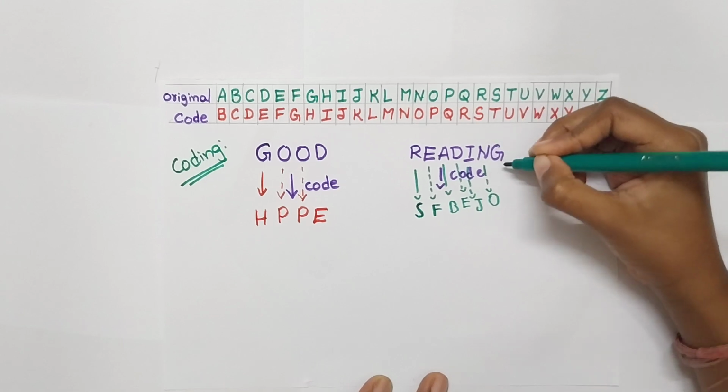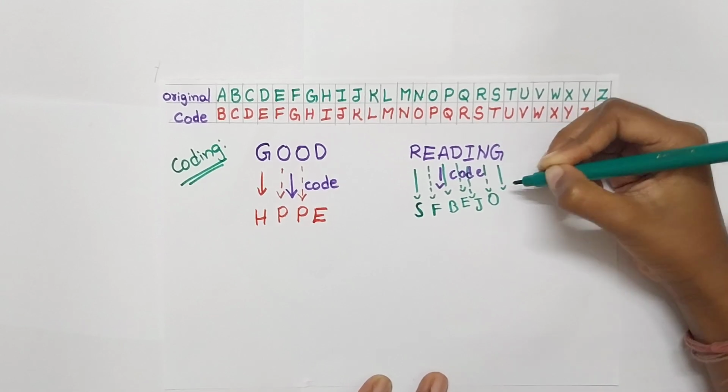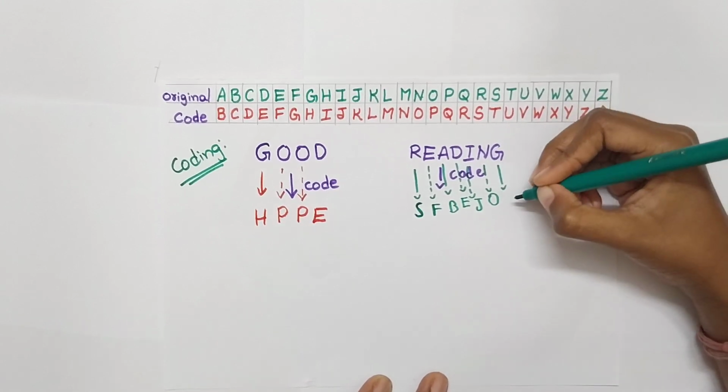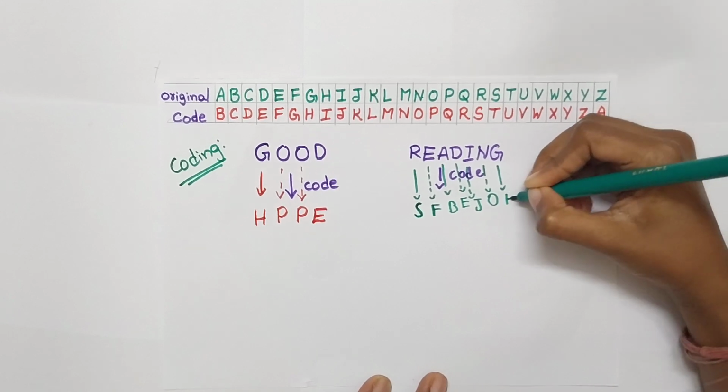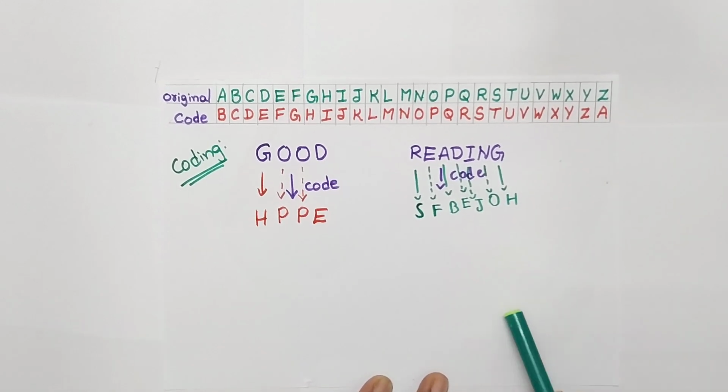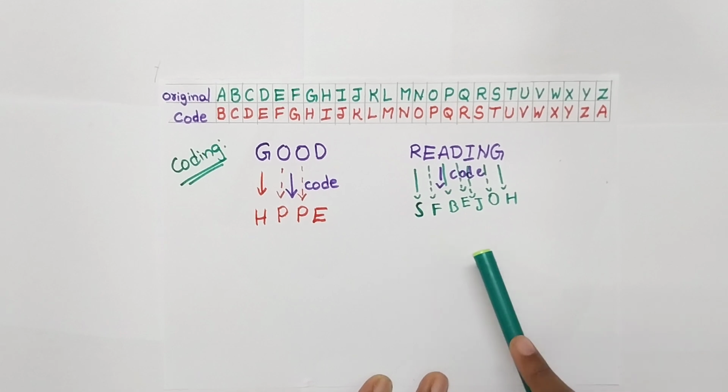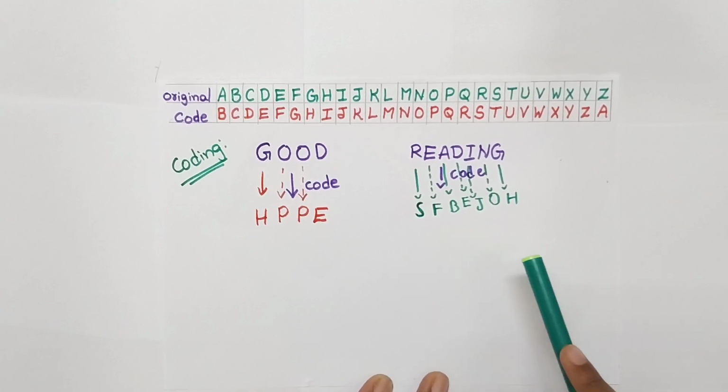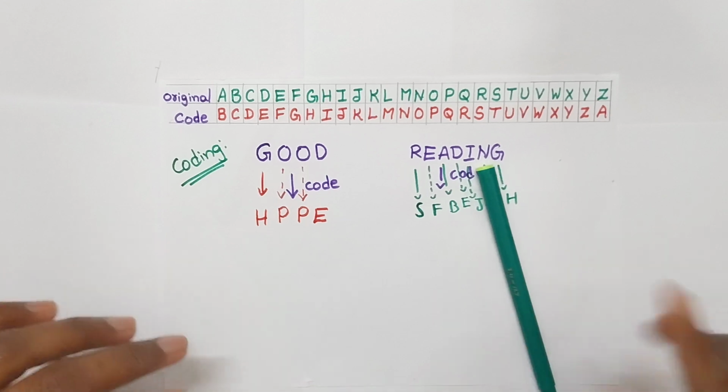Instead of G, we write H. Now, the coded word is SFBEJOH. This is the coded word.